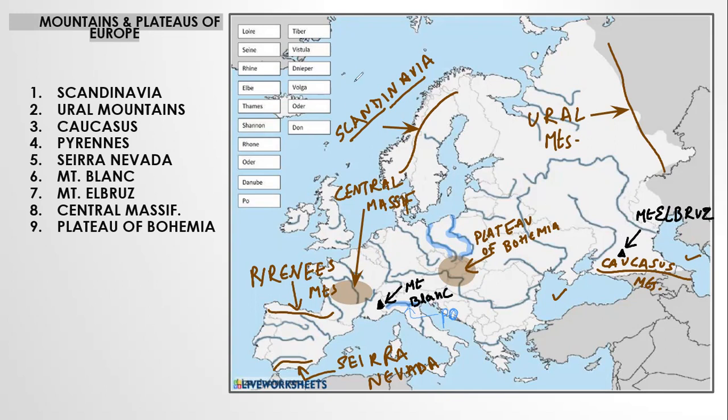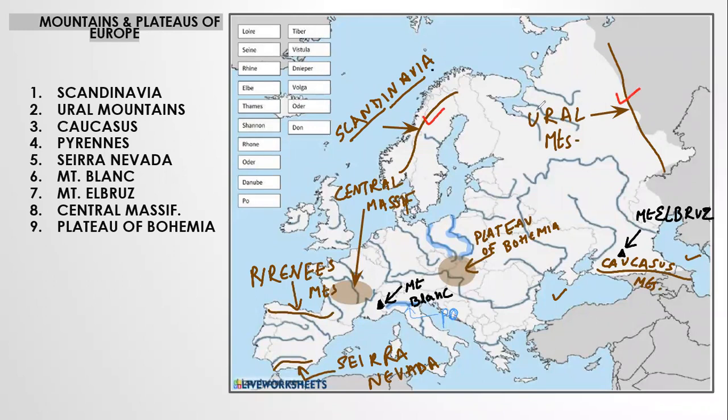So we have marked everything, and now we'll do the cross checking. Scandinavia, we have marked.